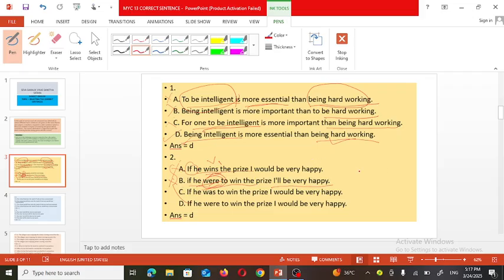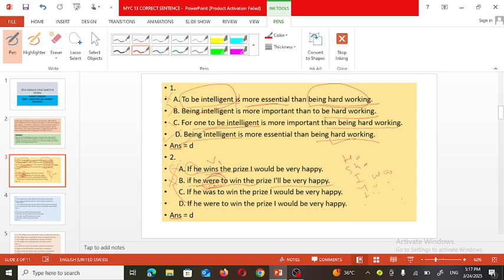In simple past tense: he was, she was, I was, you were, they were, we were, boys were, a boy was. In this way we are using auxiliaries in the past tense.